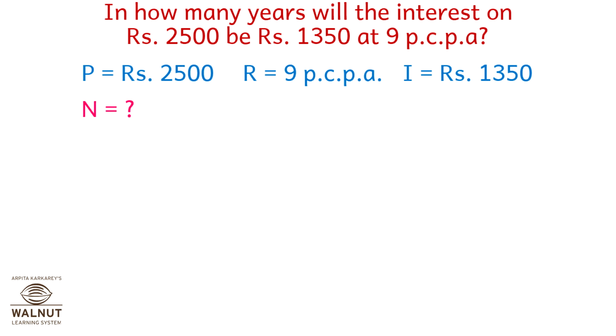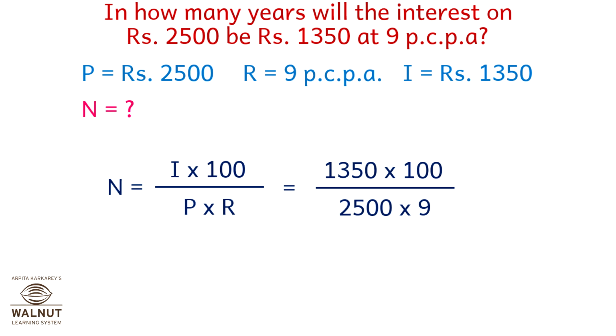So we have to find out in how many years, which is the period, which is N. So N is I into 100 upon P into R, which is 1,350 into 100 upon 2,500 into 9.